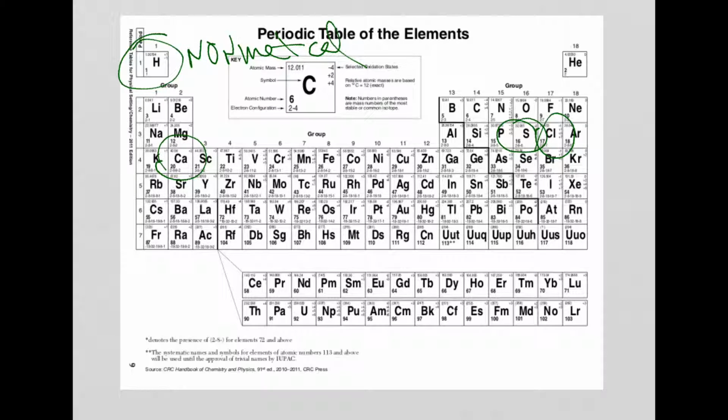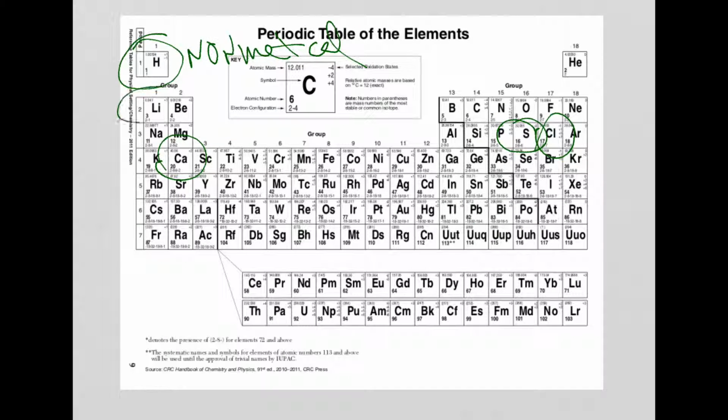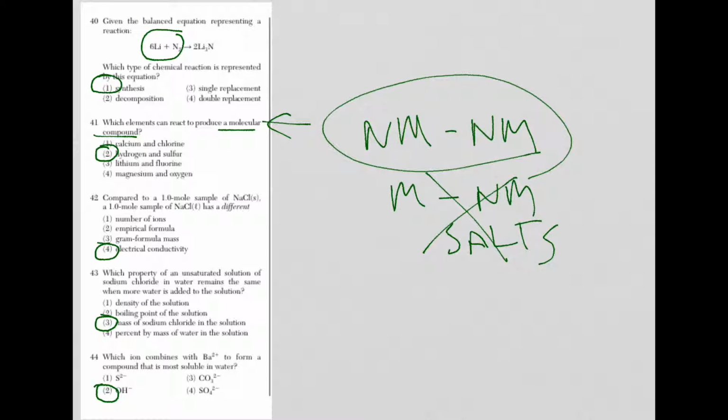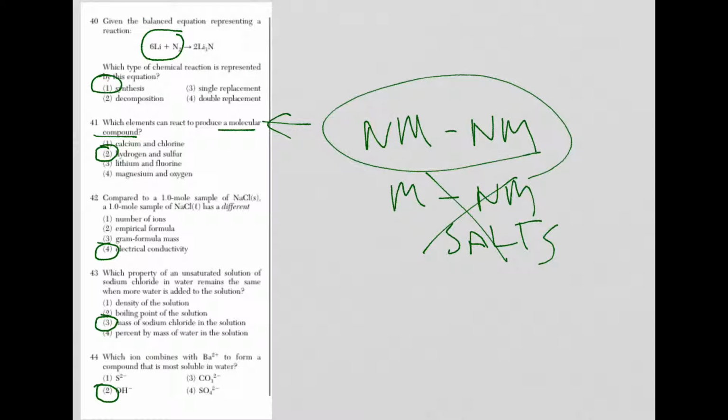But let's check the other choices. For lithium and fluorine, I have lithium here, I have fluorine here. Metal, nonmetal. And then the 4th choice, magnesium and oxygen. I have magnesium and I have oxygen. Metal, nonmetal. So the answer is choice 2.